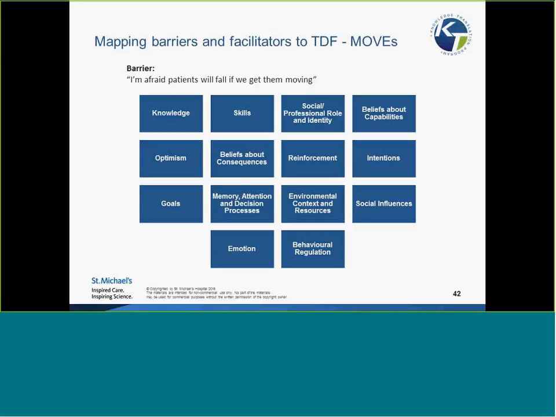Example. People are afraid of moving patients, in case they will fall. What TDF domains might be relevant for this barrier?